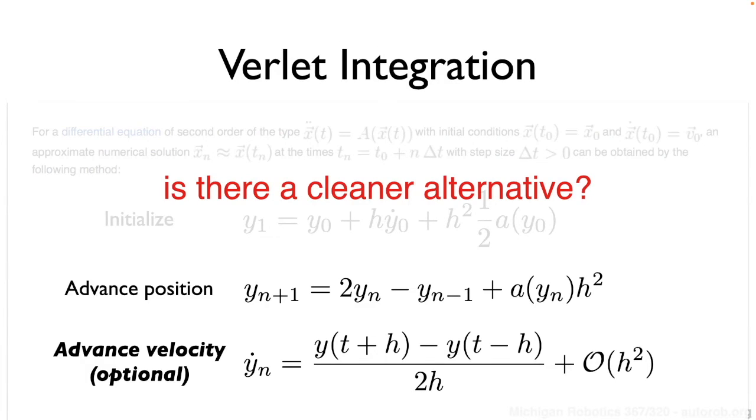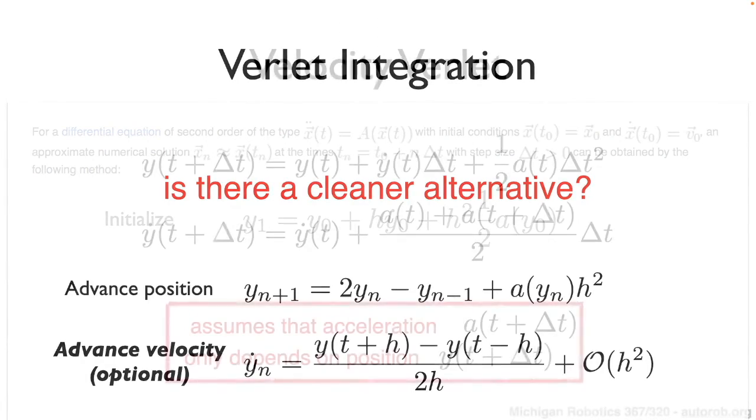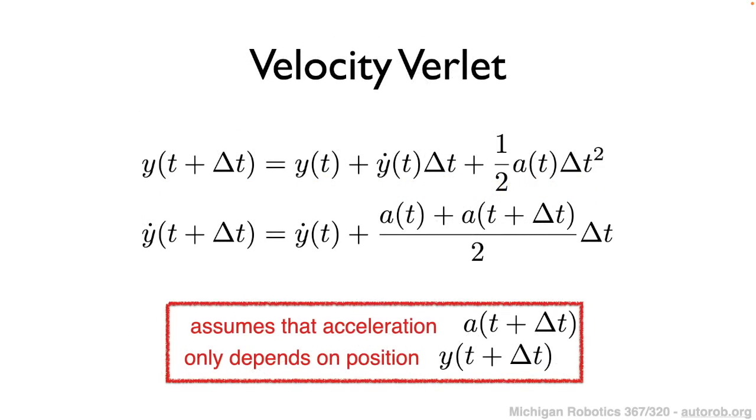And so you might be asking then, is there a cleaner alternative? There is a cleaner alternative, and it's an approach called velocity Verlet. Velocity Verlet is one of the integrators that you'll be implementing for assignment number 2. On this slide, we're showing the update equations defined by velocity Verlet for both position, which is on the first row, and the velocity, which is on the second row.